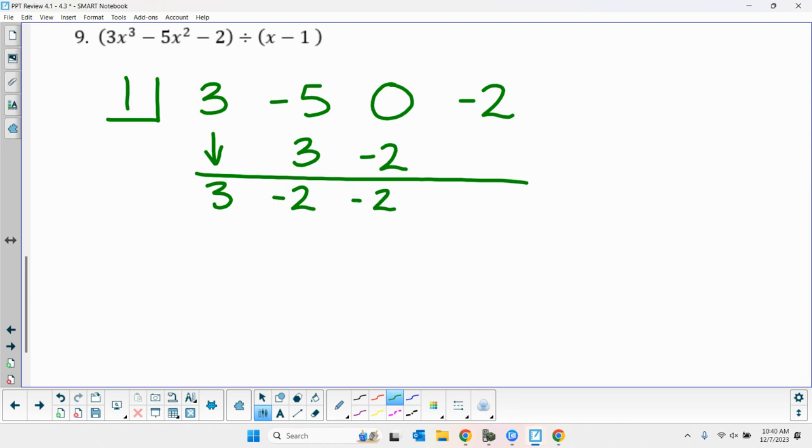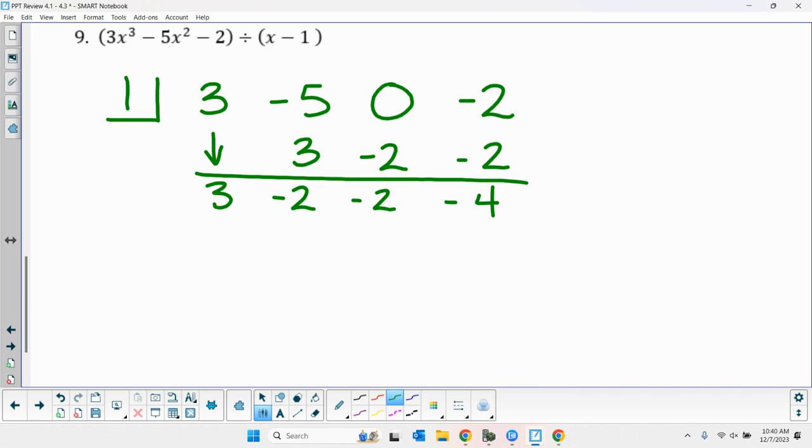I multiply 1 times negative 2 again and get negative 2, then negative 2 plus negative 2 gives negative 4. That last number is our remainder. Sometimes it'll be 0, that's great, but if it's a number like this, make sure you put it in your answer.